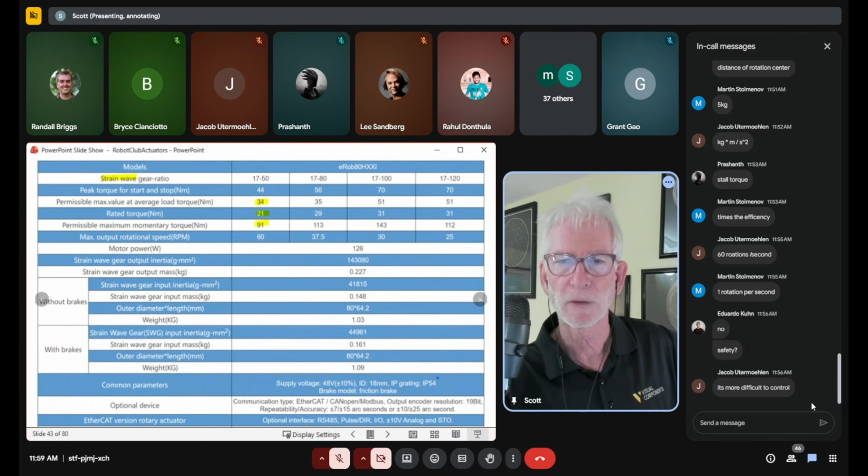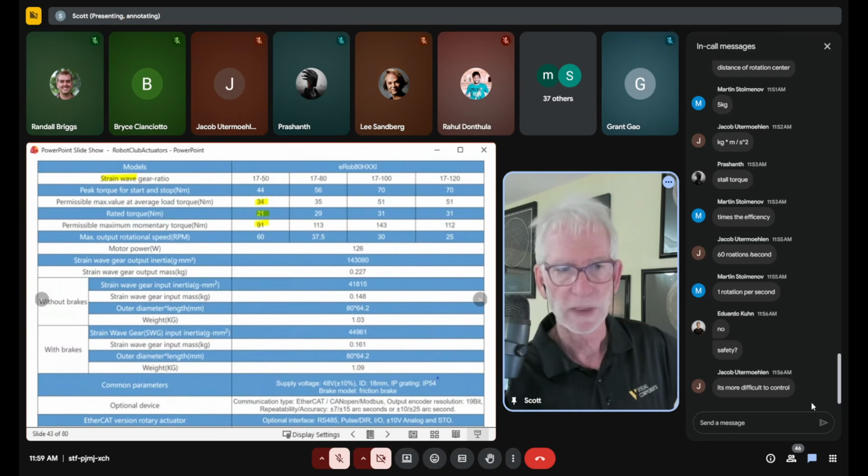You really want to think about what the rated torque is. The max torque, you don't want to design around that. You ask what it is you really need for your application. Every now and then I'm going to need a little bit of excess torque, but basically the rated torque is maybe about half of what the peak torque is going to be. So you want to look at those numbers to make sure you have it.